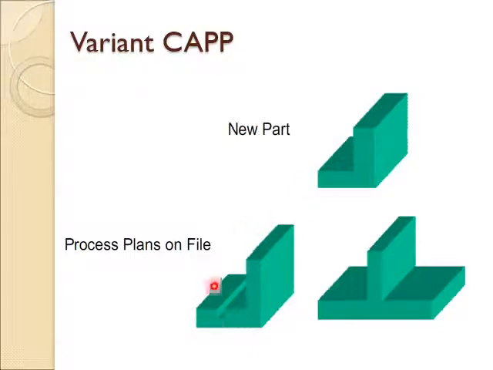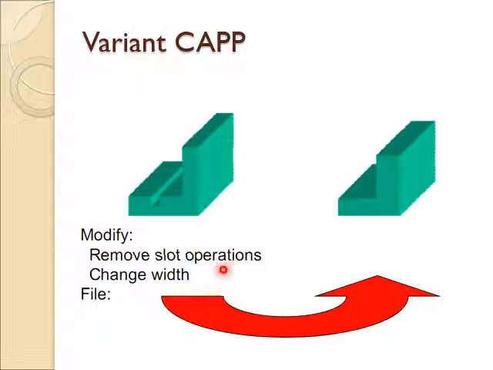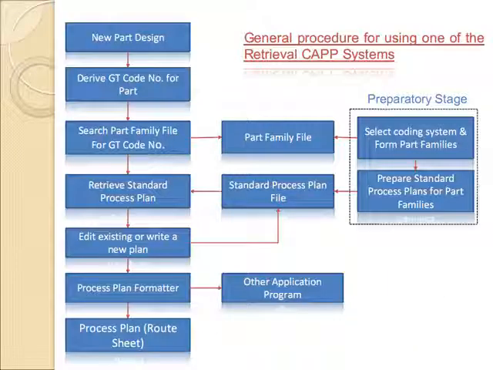So we work on an existing part, and for simplifying this product we can remove a feature in the next step, so that we can get a new part from the existing part. Removing the slot operation will change the width of that particular component. That is the new part from the existing component. So this is the variant type computer aided process planning.